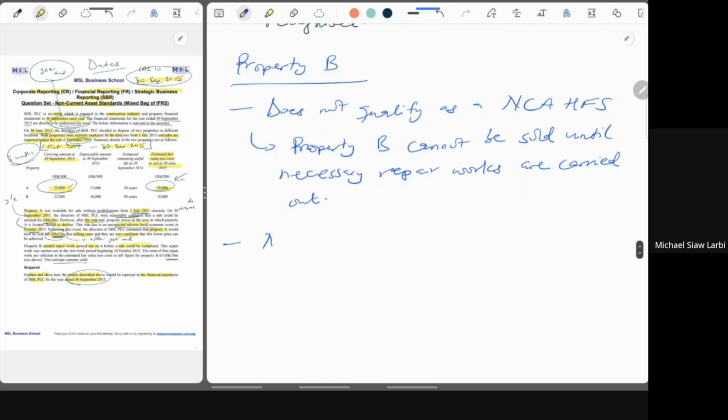So no reclassification. Property B stays as a non-current asset, not held for sale. It doesn't move to your current assets. So what would be your depreciation charge? For the full year, it gets a full year depreciation.